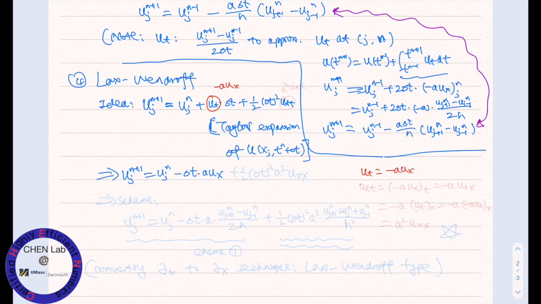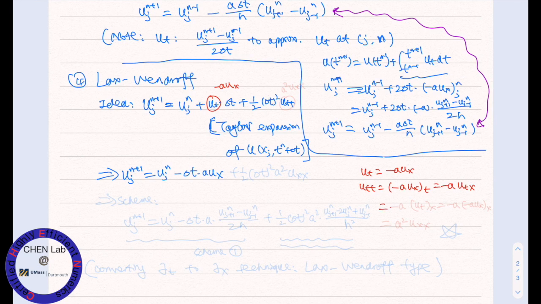So utt is the derivative of ut again with respect to t, so it's negative a uxt, because we change the order of derivatives.